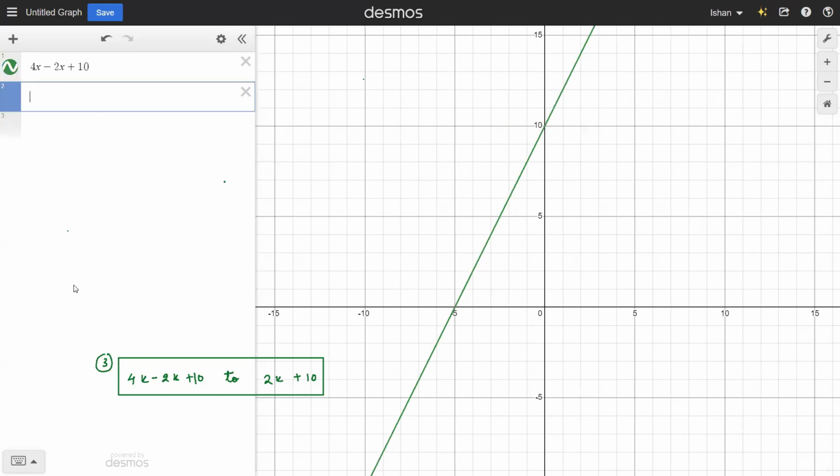A similar graph can be plotted as a simplified version, that is 2x plus 10. See the purple line, which is the second line, and the same points are reflected. By using Desmos for combining like terms, you streamline your calculations, ensure accuracy, and gain a clearer understanding of the equation. This is especially useful for SAT problems where time and precision are crucial.